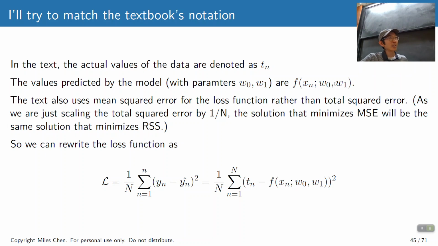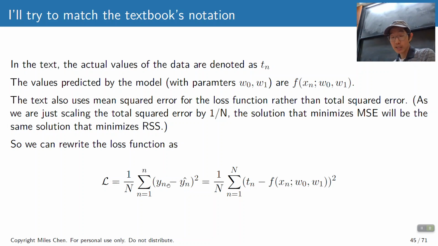Because when we generalize to any kind of model, it's just some arbitrary number, some constant, that we're going to call a weight. The textbook likes to use mean squared error rather than the total squared error, which is fine. It's the same thing as residual sum of squares, you just divide by n. So our loss function L is going to be 1 over n to get the mean squared error.